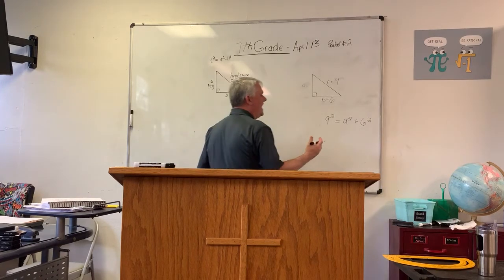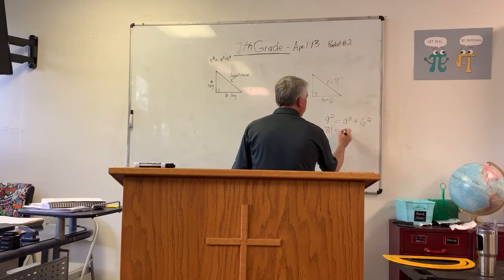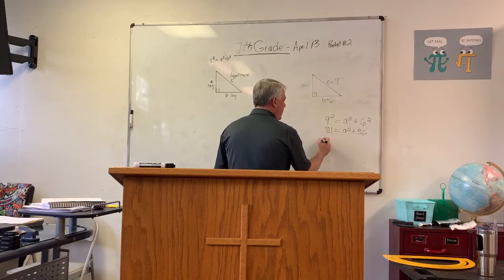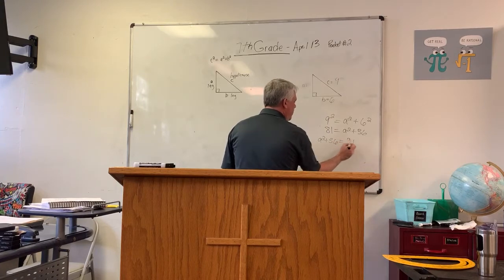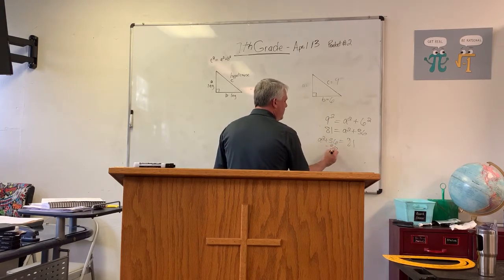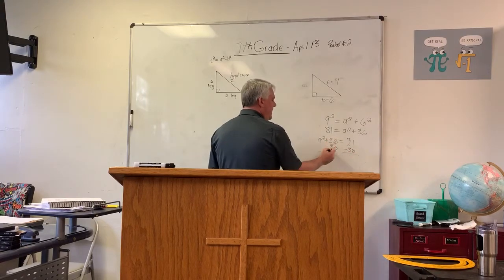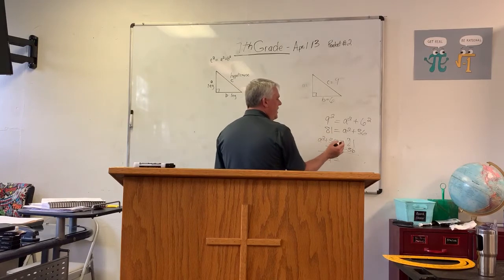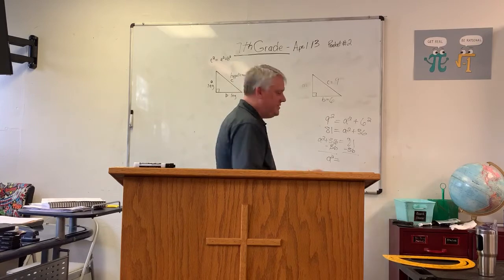I'm going to solve exactly the same way. 81 equals A squared plus 36. I'm going to flip it around: A squared plus 36 equals 81. I'm going to subtract 36 from both sides. That cancels out, leaving me A squared equals 81 minus 36.